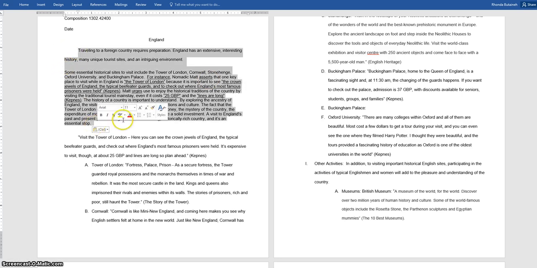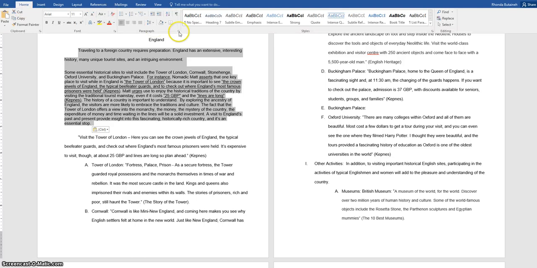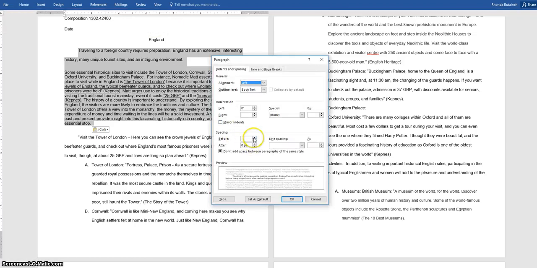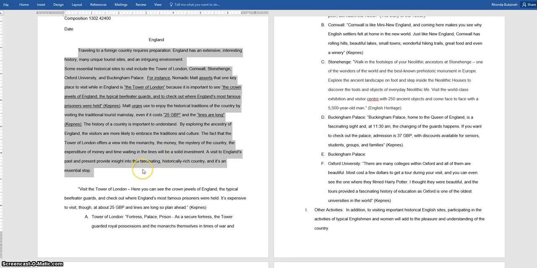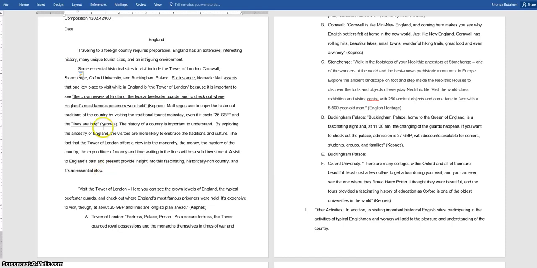So when the formatting does this, which it does in Word. Okay, now I've gotten part of a paragraph done. I've embedded my text evidence. I've connected to the evidence. I've discussed why it's important that I go see the Tower of London.